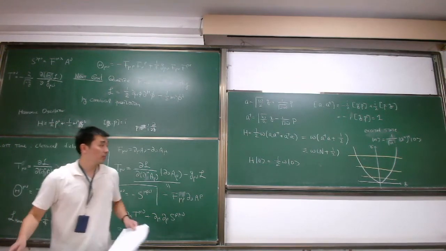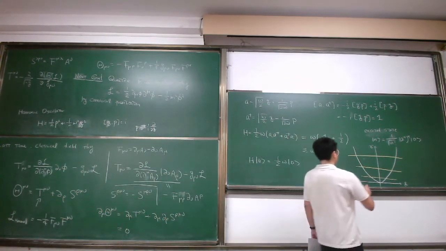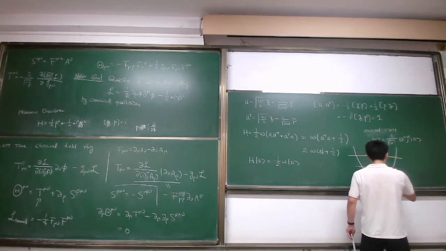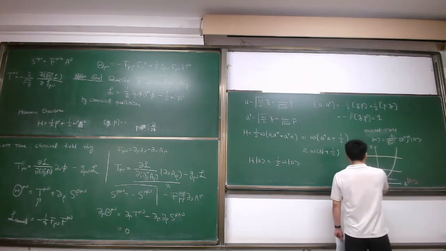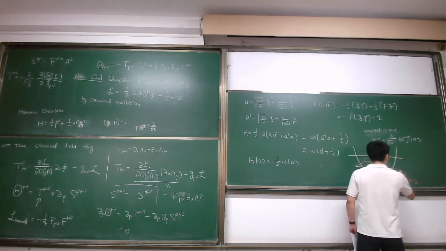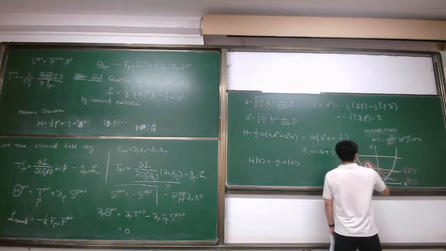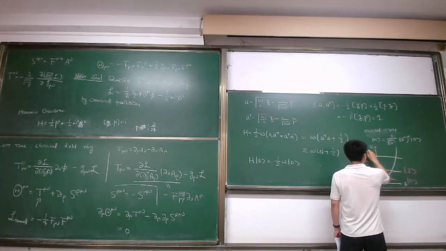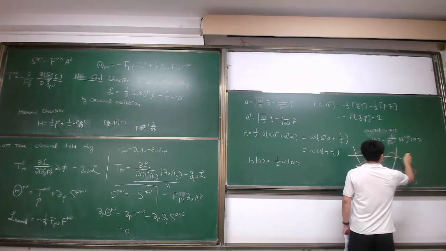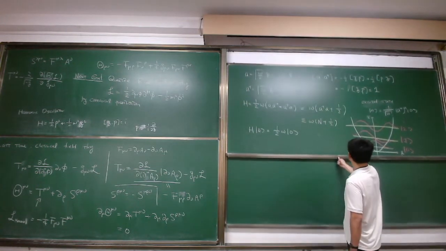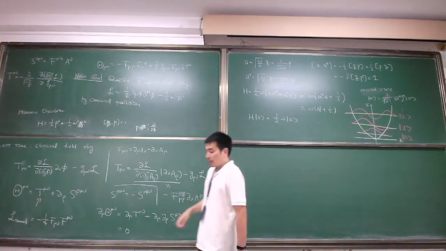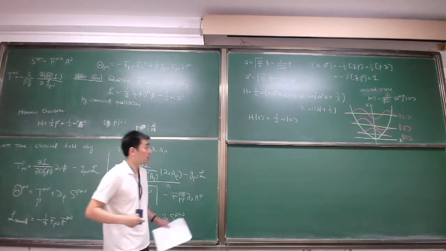Then the wave function for the ground state is something like this one. This is 0, and this corresponds to 1, and I need to be careful about the drawing, like this. Oops, sorry. This is 2 and so on, and this is the wave function of the harmonic oscillator.